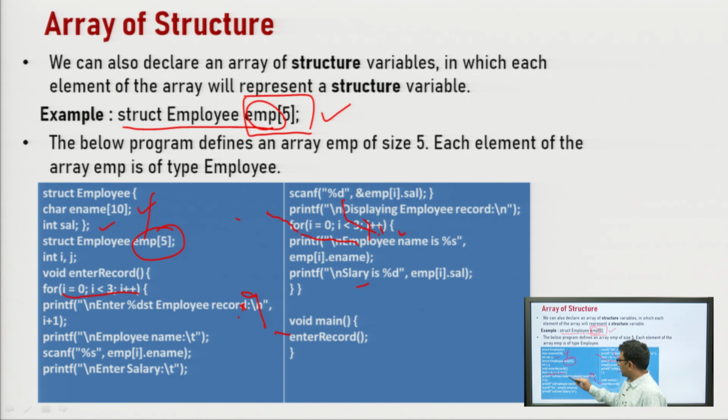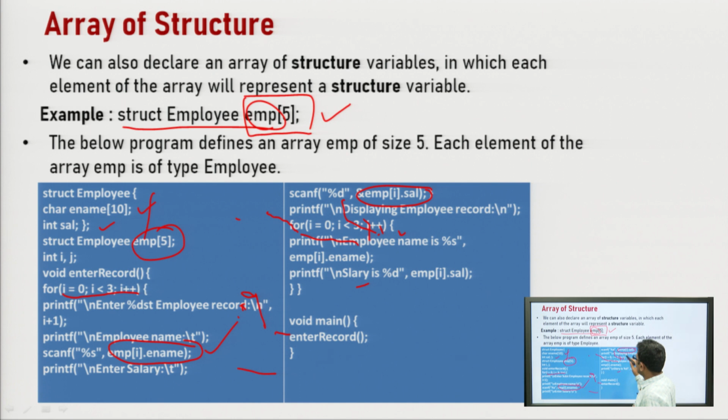By calling this function 3 times, the first time it will take input from the console for employee[0], that is the first employee's ename. Similarly, employee[0].salary means the salary of the first employee. Similarly, if the value of i is 1, employee[1].ename is the name of the second employee, and likewise the salary of the second employee. Similarly for the third also.